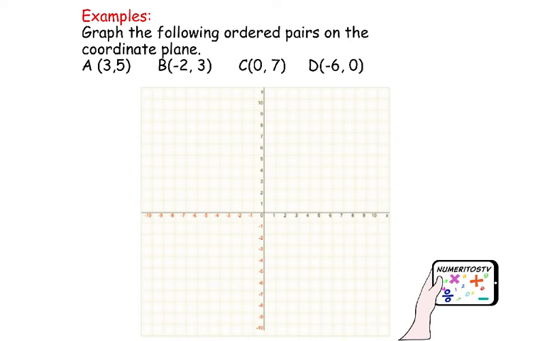Graph the following ordered pairs on the following coordinate plane. So we have A, B, C, and D. We have these points that we need to graph on this coordinate plane. As I told you before, the first number that you see, that will be your x movement. So it's a good idea if you label them. So this is going to be my x movement, the first number.